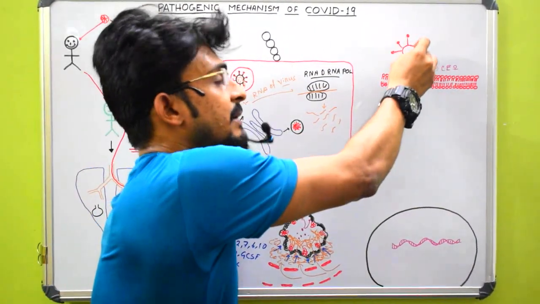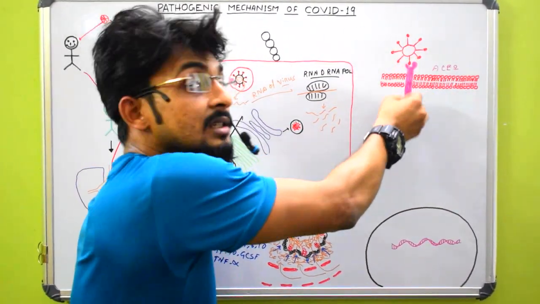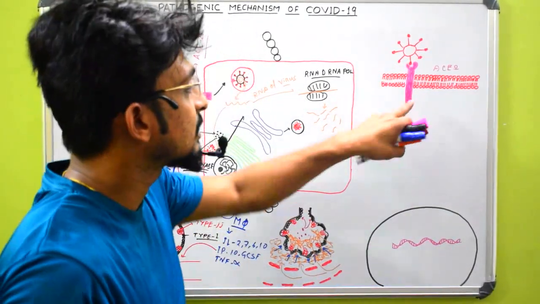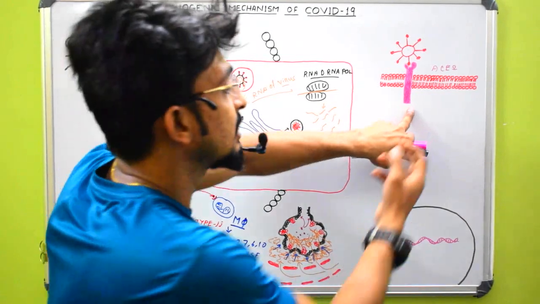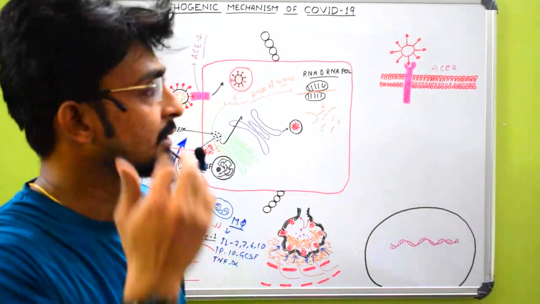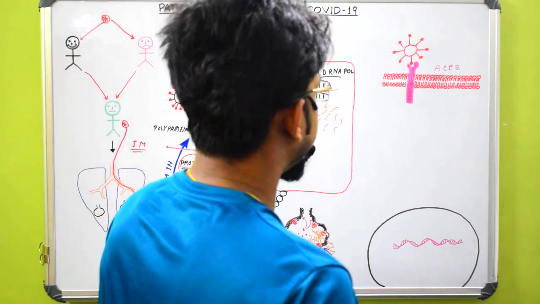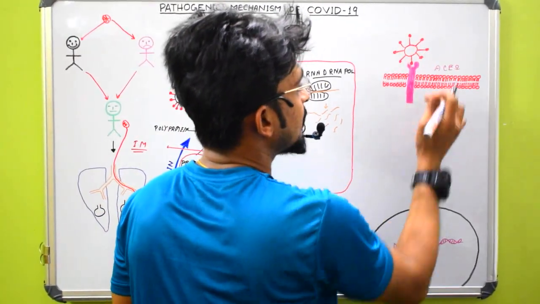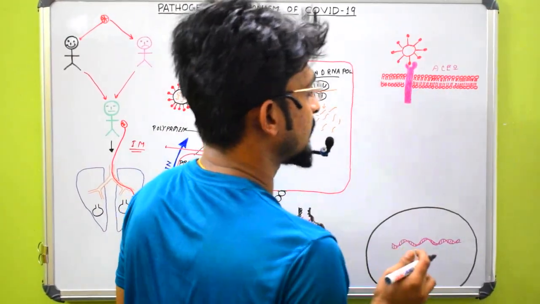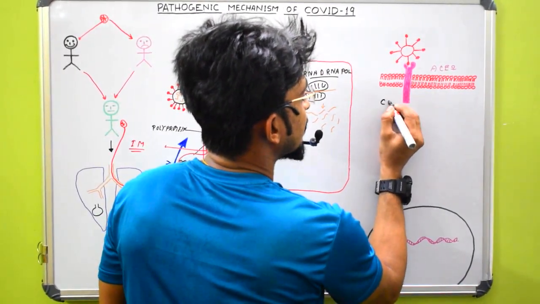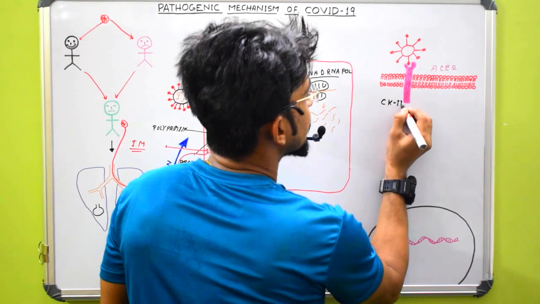Once the spike protein of this virus is attached with this ACE2 receptor, the intracellular domain of the ACE2 receptor will trigger some phosphorylation events. Soon after the binding of this virus with the ACE2 receptor of the type 2 pneumocyte cell, it activates casein kinase 2 protein.